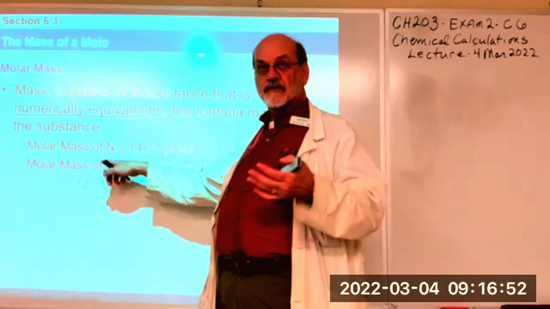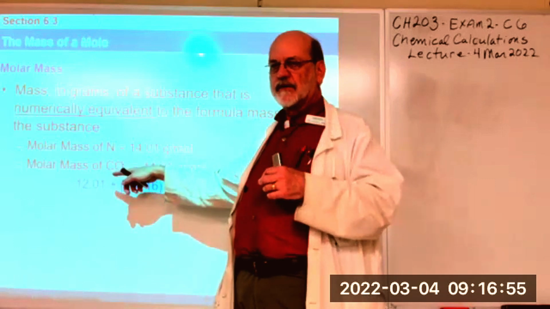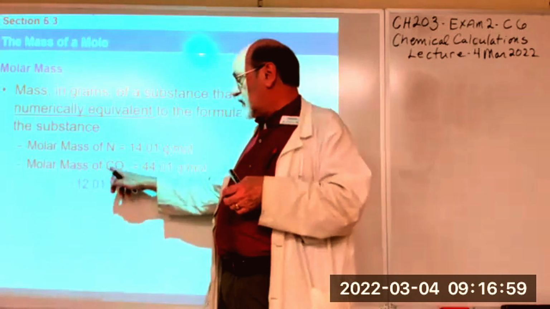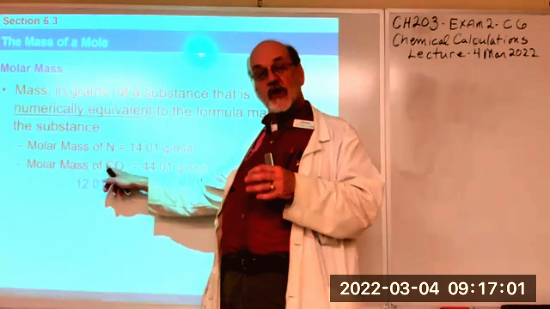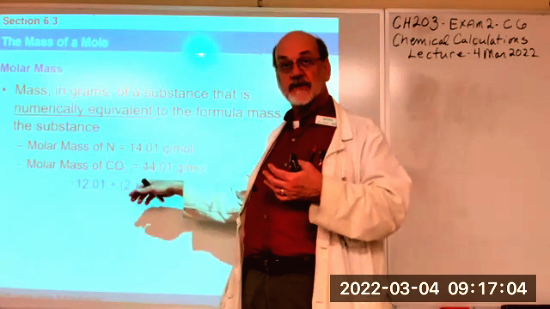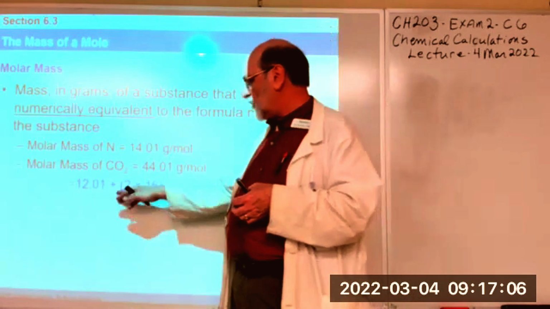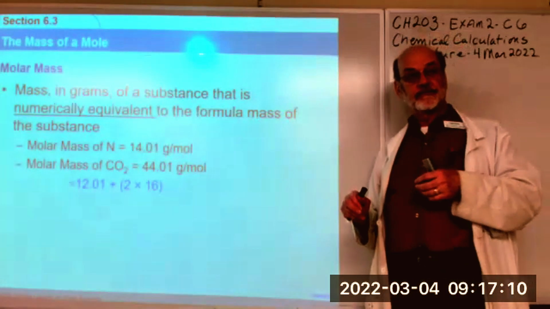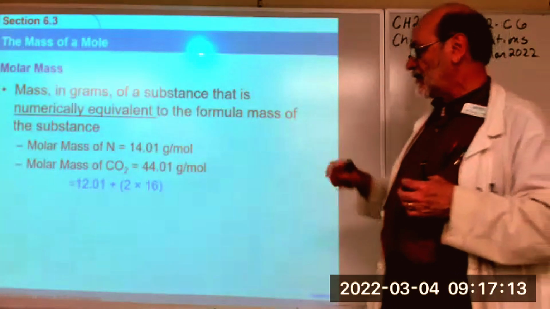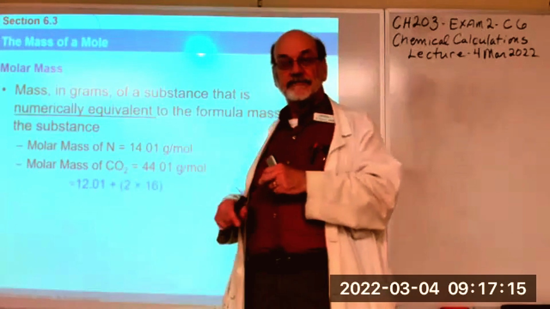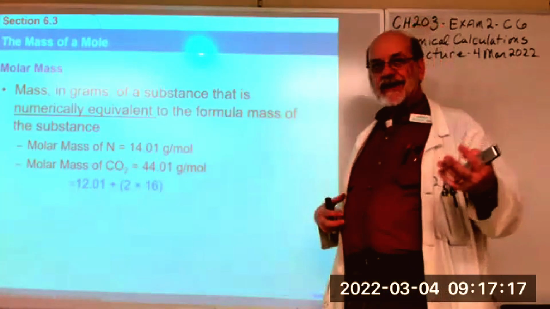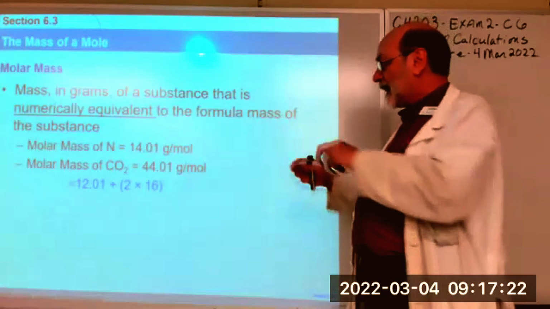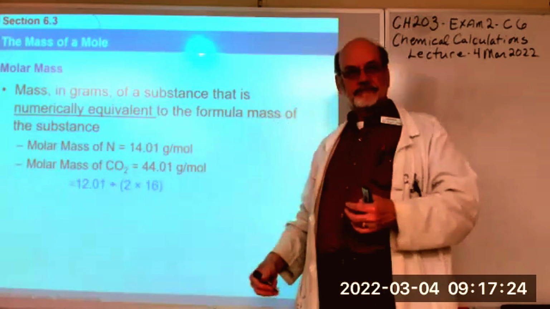It has a mix of 12s, 13s, maybe a few 14s. But this value is for carbon, naturally occurring carbon in nature. So it has a mix of isotopes. And then you add 2 oxygens and you get that value for carbon dioxide. That's the molar mass of that formula. So it works for molecular compounds, it works for ionic compounds, it works for any formula unit.